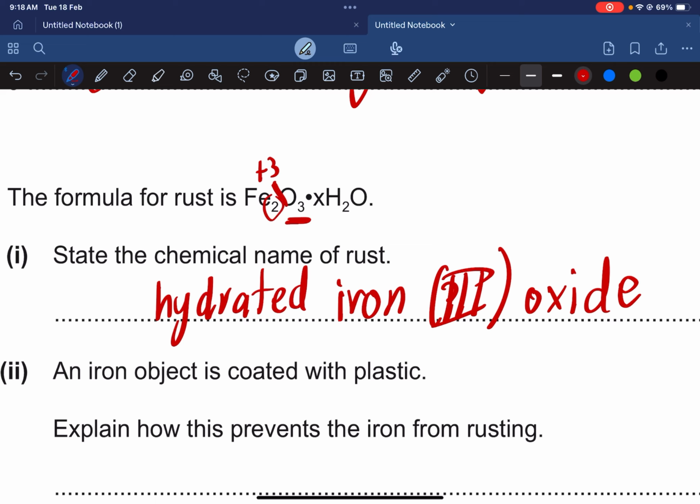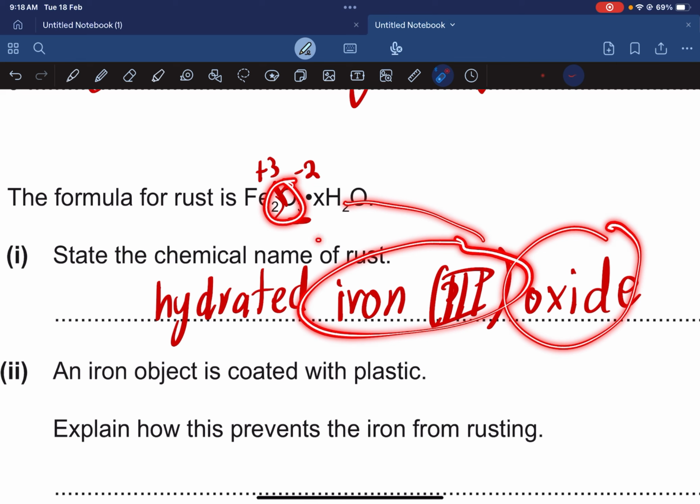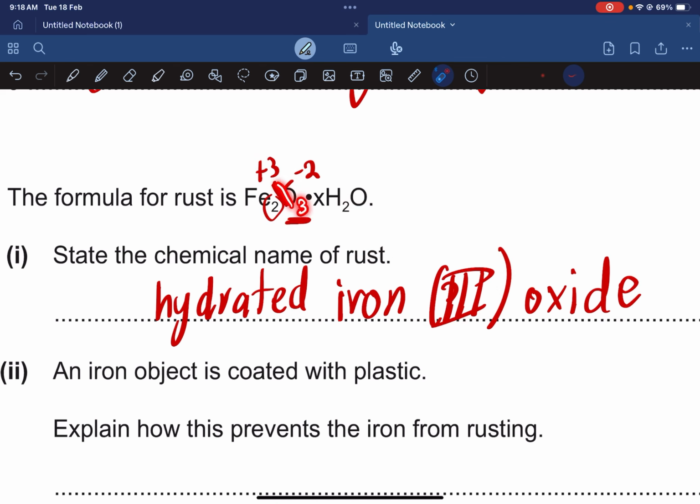This 2 tells me there was a negative 2 over here. First of all, I have water, so that's obviously hydrated. I have my oxygen, so that's going to be an oxide of iron 3 because iron has a charge of plus 3. Because this 3 underneath comes over here, this 2 comes over here. So oxygen has negative 2 and iron has positive 3. So hydrated iron 3 oxide.